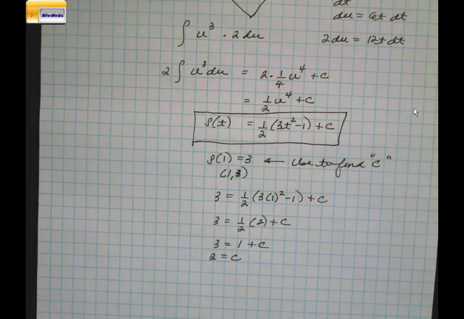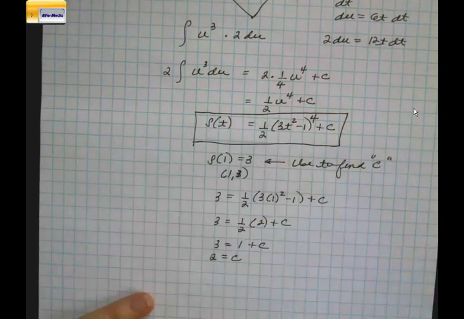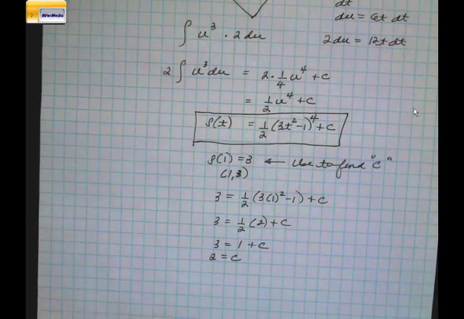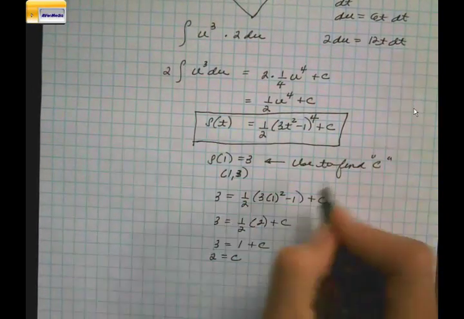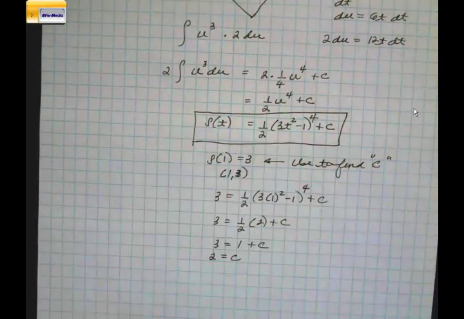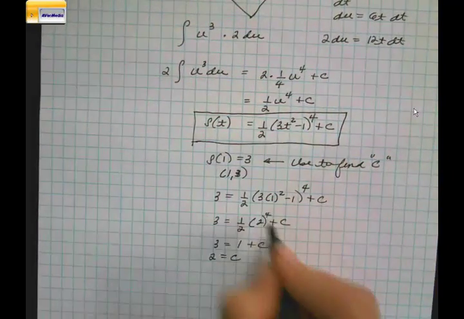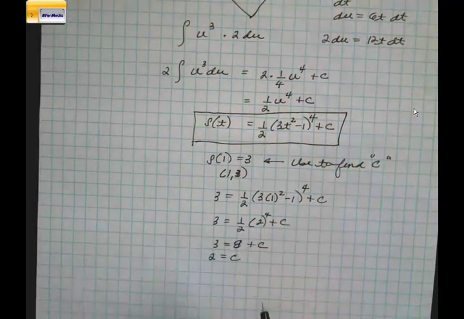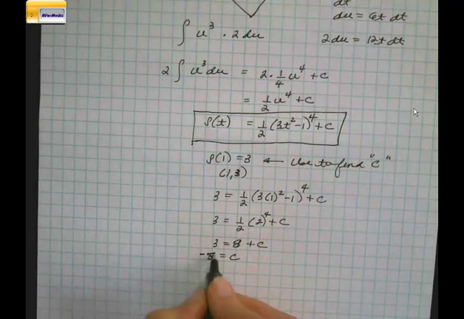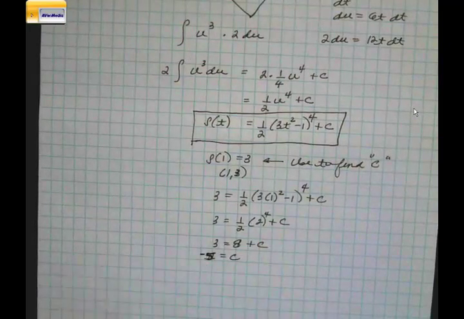Did I miss a major power? Oh, I did. I missed a serious exponent right there. A big old exponent. Okay, so this is supposed to be a 4 right here. So this is supposed to be an 8. And this should be a big old -5.